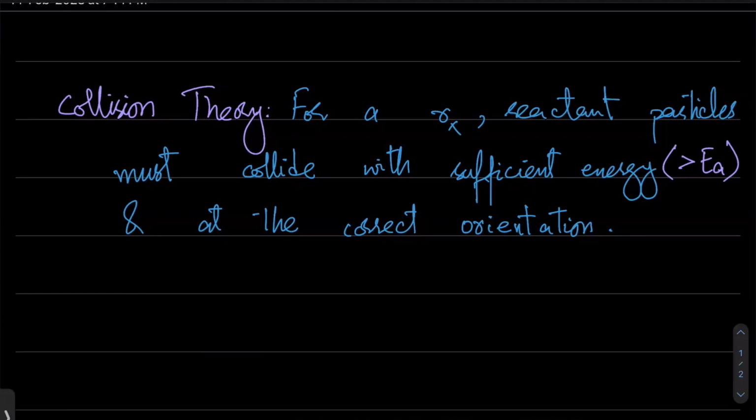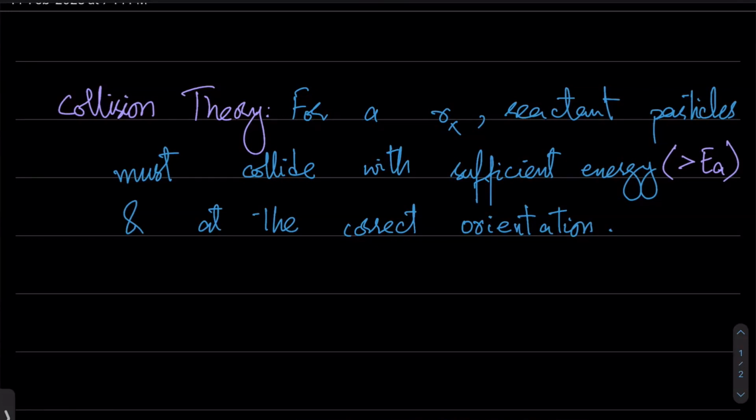If they don't have correct energy, what will happen? They will collide and they'll bounce off. For example, if hydrogen collides with chlorine and it doesn't have the right energy, there won't be any reaction. It'll just bounce off, just like a ball bounces off a wall. But if they collide with the correct orientation and the correct energy, it can produce HCl.